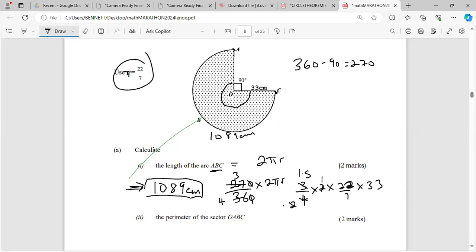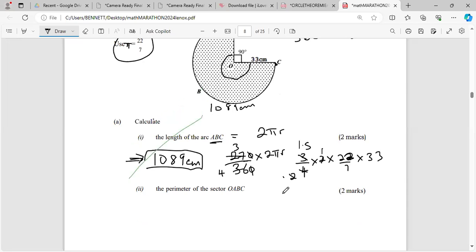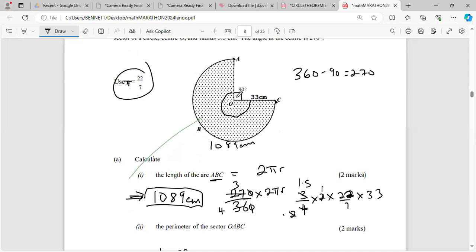Alright, if you want the perimeter, it becomes a piece of cake, right? Because you already know the curved piece, so all we have to do is just figure out the other piece. But guess what? A 2 piece, guys. Don't forget that, right? Because it's OABC, so it's all the way around. So we just need this measurement, which is a radius, right? Because I come from the center, so it and this are the same. So we just put 33 here.